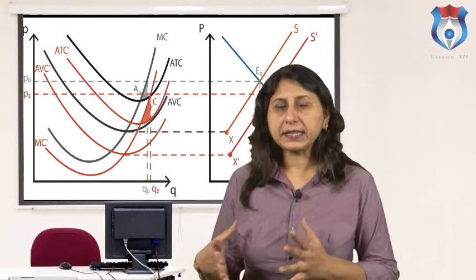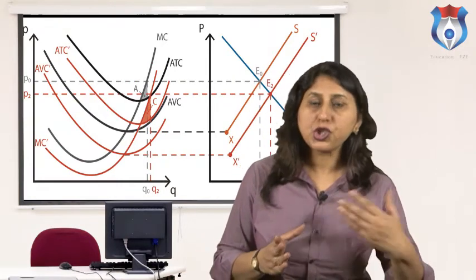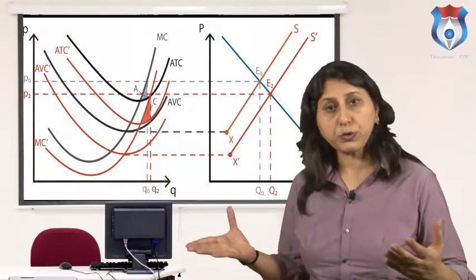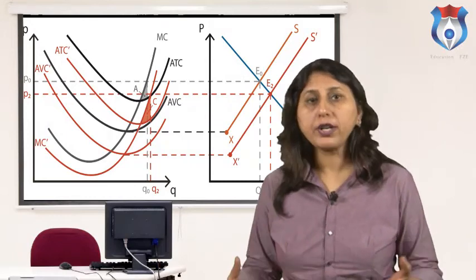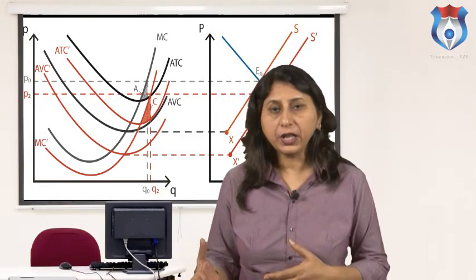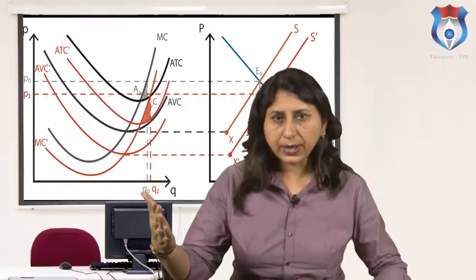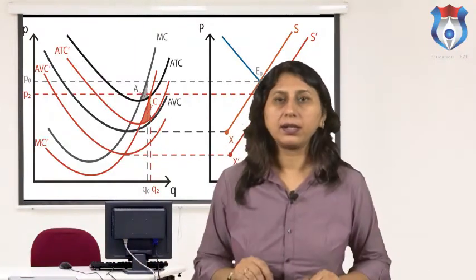As a perfectly competitive industry reacts to changes in demand, it traces out positive, negative, or horizontal long-run supply curves due to increasing, decreasing, or constant cost.